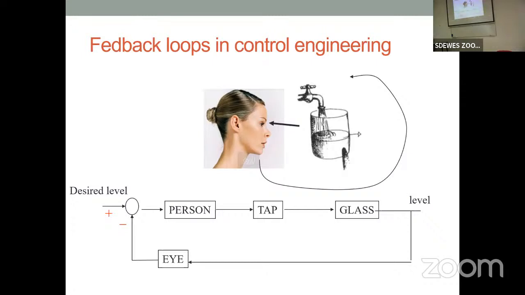So this is a classical control loop, a feedback loop with a negative feedback, I mean a stable loop. So this kind of regulation loop appears not only in this basic case, but also in nature.